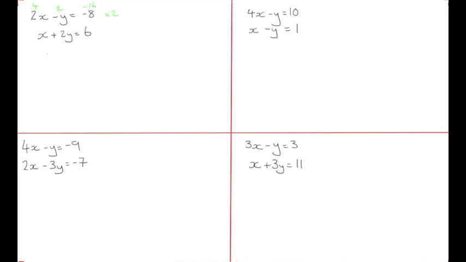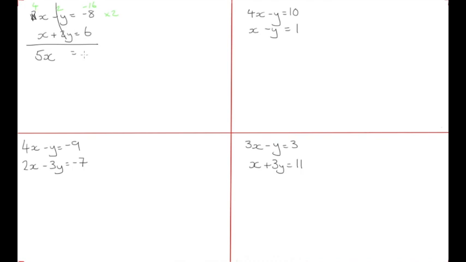All right. Now that I have done that, I will start to solve this simultaneous equation. Because I've multiplied this by 2, that will cancel. So this is now 4x, so it's 4x plus x, which is 5x. And then we have minus 16 plus 6.